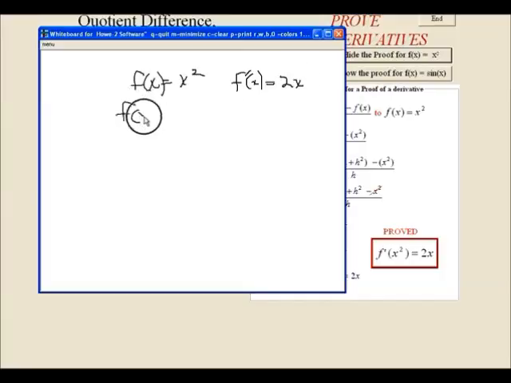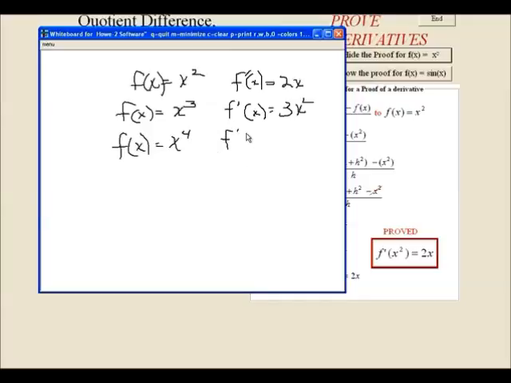If f of x is equal to x cubed, then the derivative of that is 3x squared. And we proved this, I put the proof right here for the earlier one, and they all are done similarly. F of x is equal to x to the 4th.